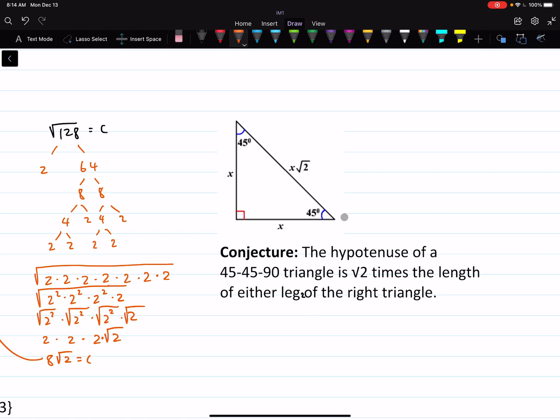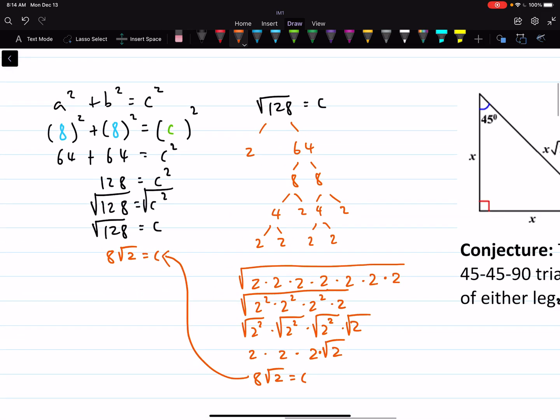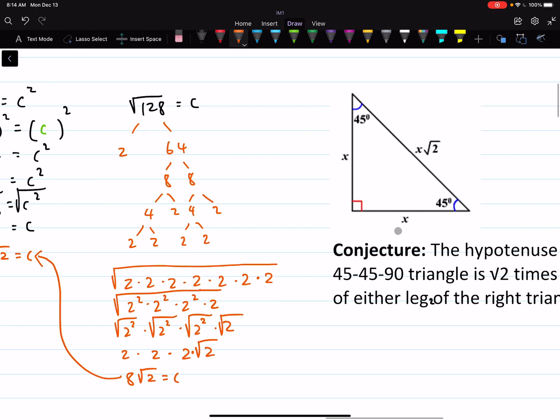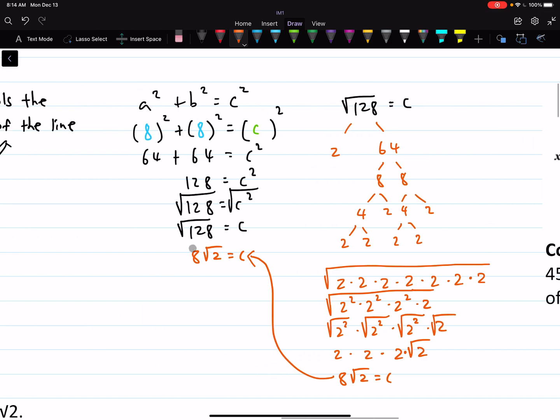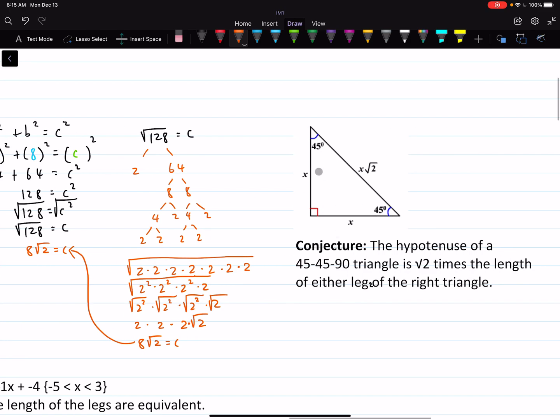So you didn't need to do all of this work. You could have just looked at this: 8 is the leg, 8 is the x, therefore 8 square root of 2 will be the hypotenuse. And there you have the hypotenuse and the length, if you recognize that this is a right triangle.